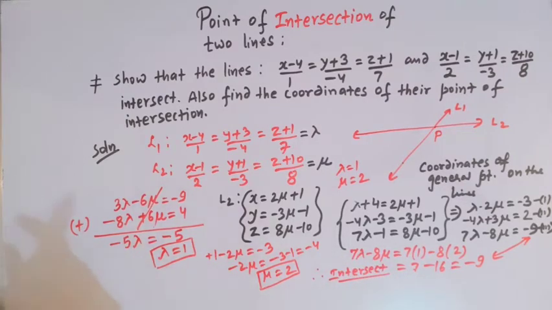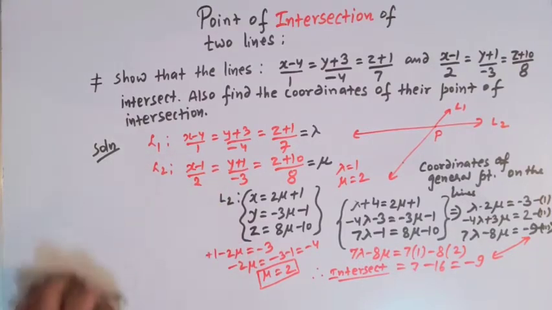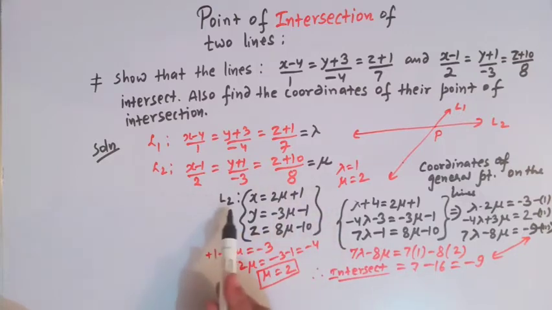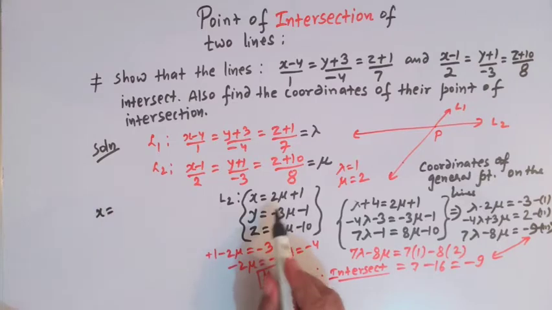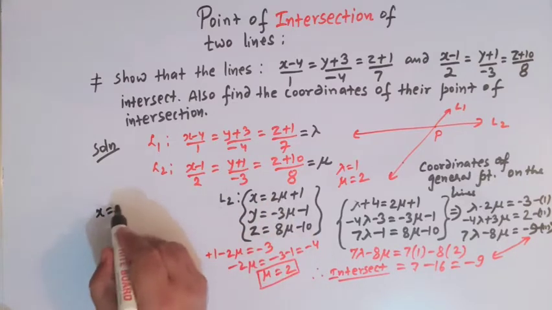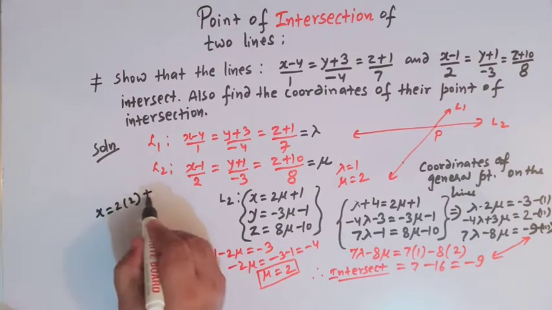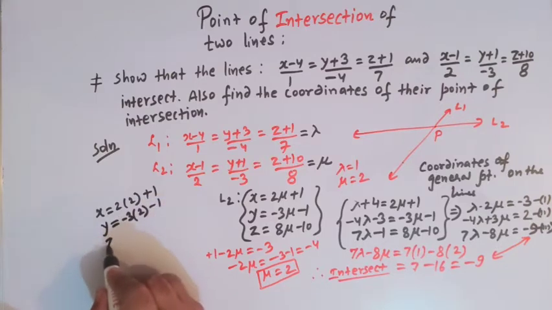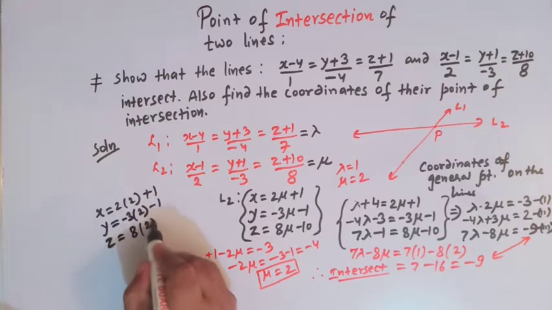In order to find the coordinates of the point of intersection of these two lines, we can substitute the value of mu here, or lambda in L1. So here we have x, y, z. The value of mu is 2, so x is 2 times 2 plus 1, y is minus 3 times 2 minus 1, and z is 8 times 2 minus 10.